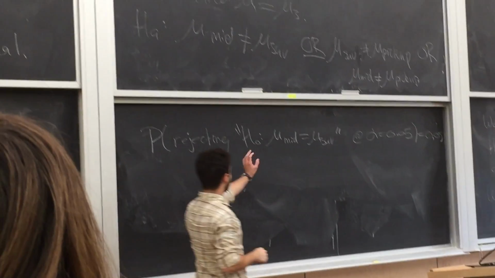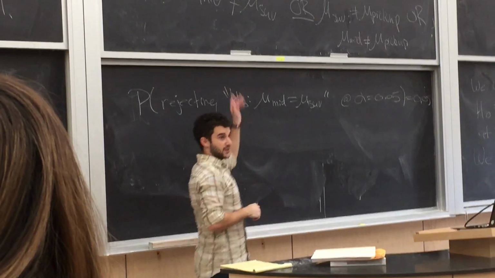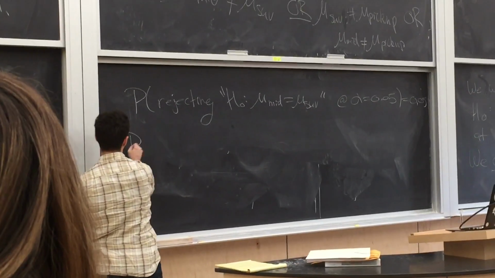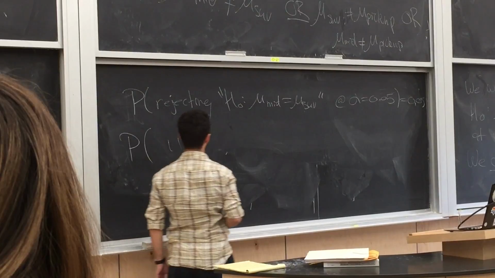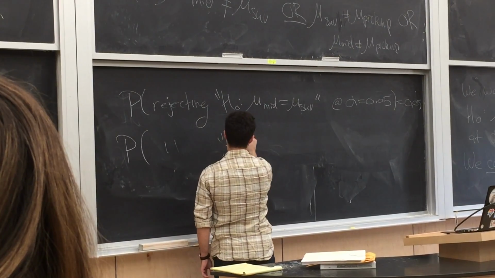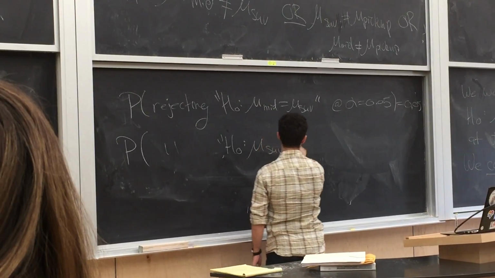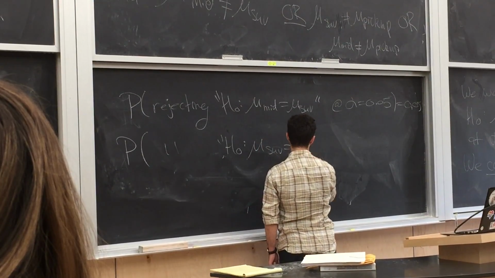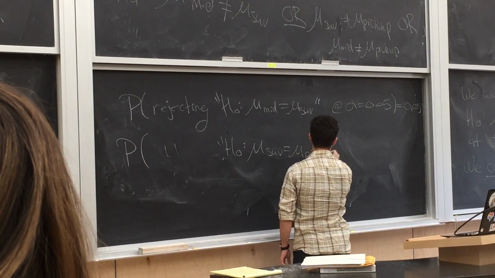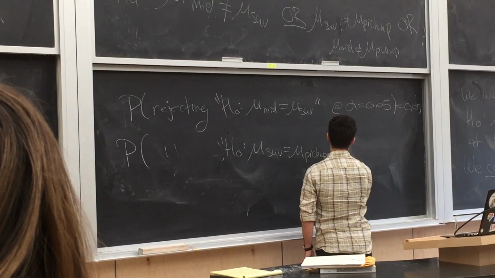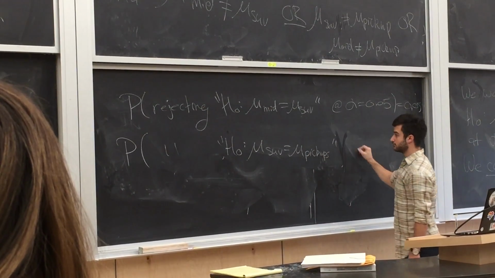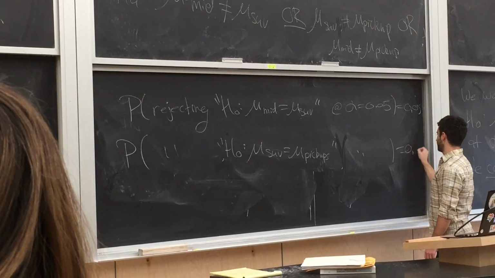Same thing with any of those other pairs. So we have two other pairs. The probability of rejecting the null hypothesis that the mean of SUVs is equal to the mean of pickups, at the same alpha, is 0.05.